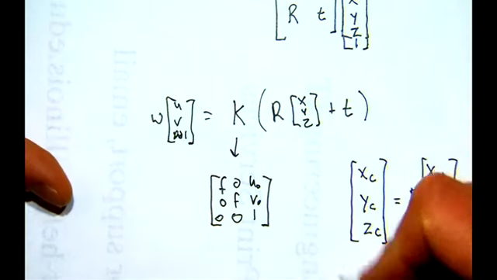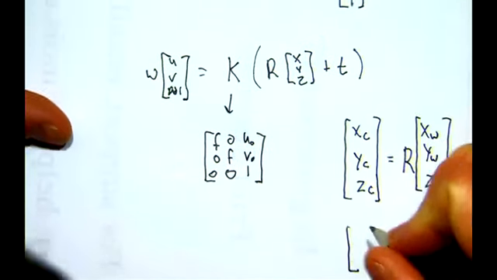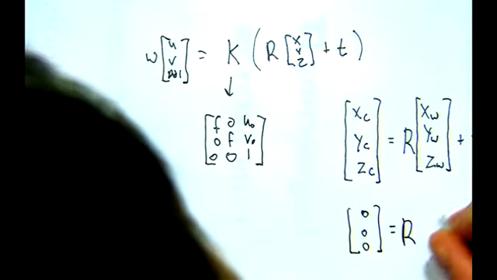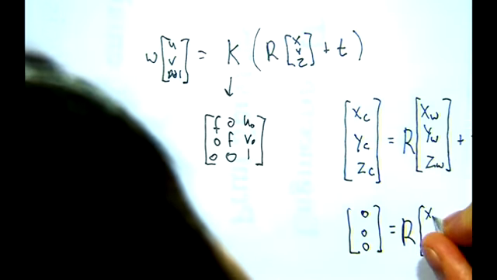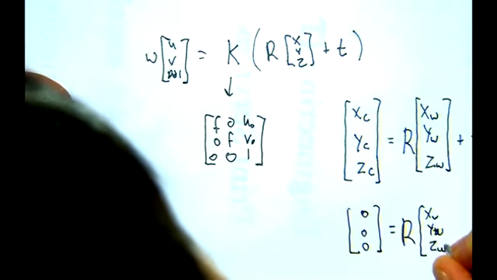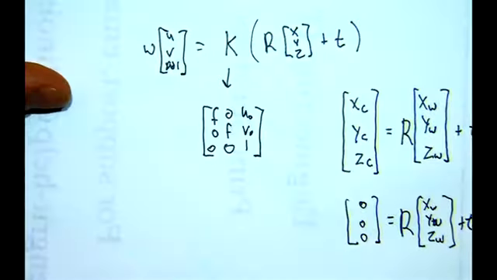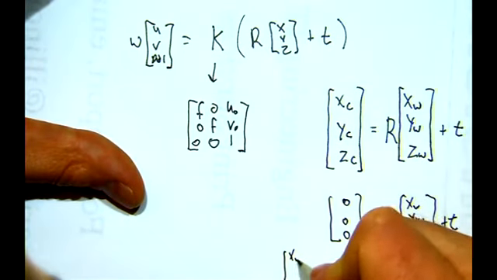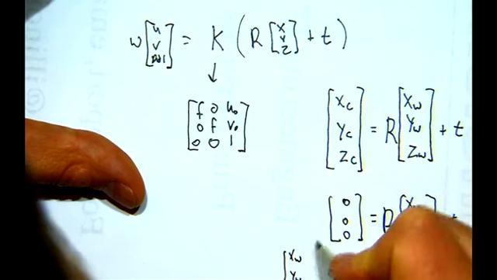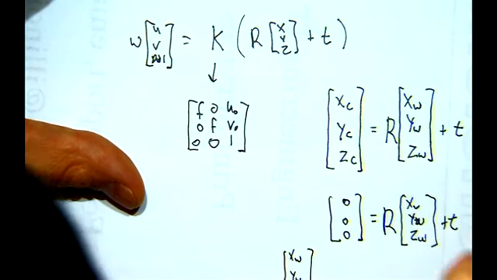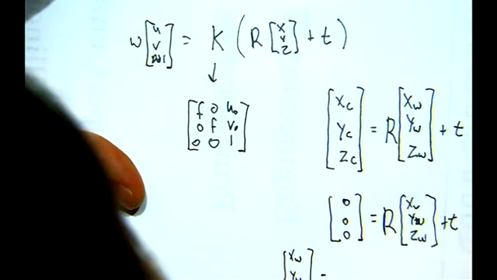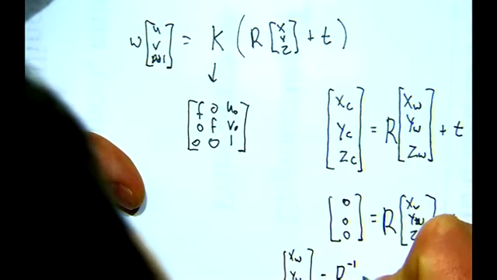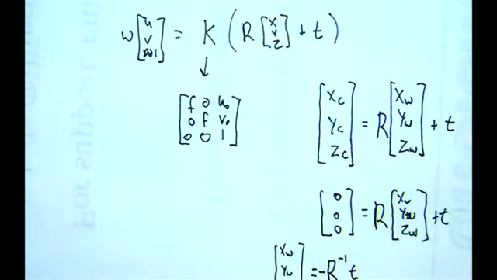So if we say 0, 0, 0 equals R times xw, yw, zw plus t, then we get xw, yw, zw equals negative R inverse t, right?